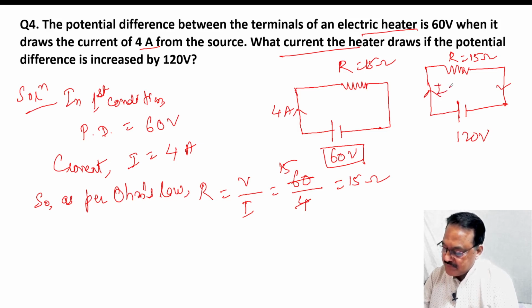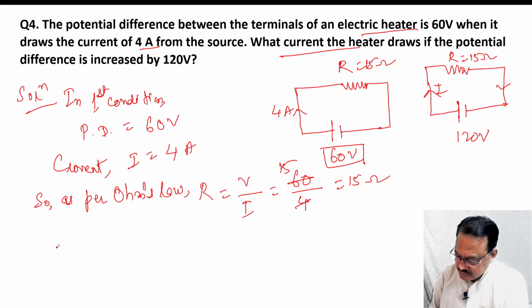So V is given, R we have already calculated, and I we can simply calculate. In second case, what will be the changed value of current?